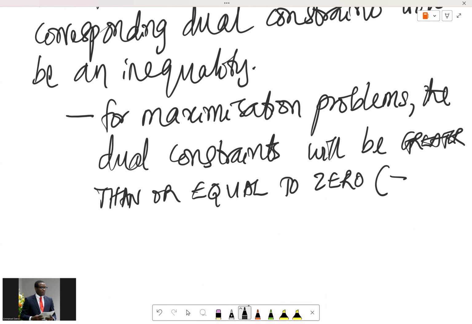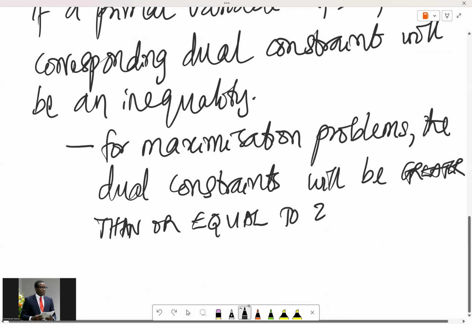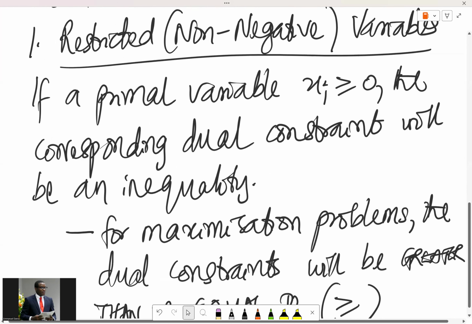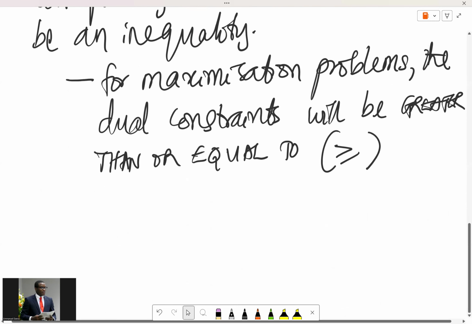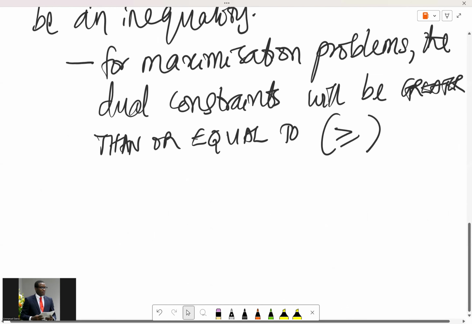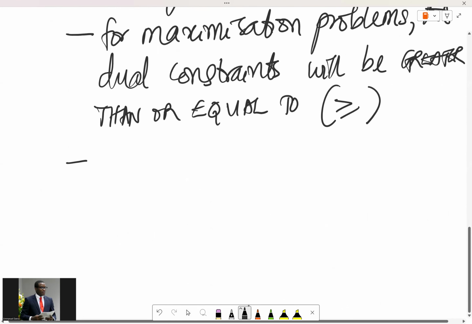If the first variable, say x1, is greater than or equal to zero, then it leads to a greater than or equal to constraint in the dual. We are going to give a practical example of this to drive the point home.